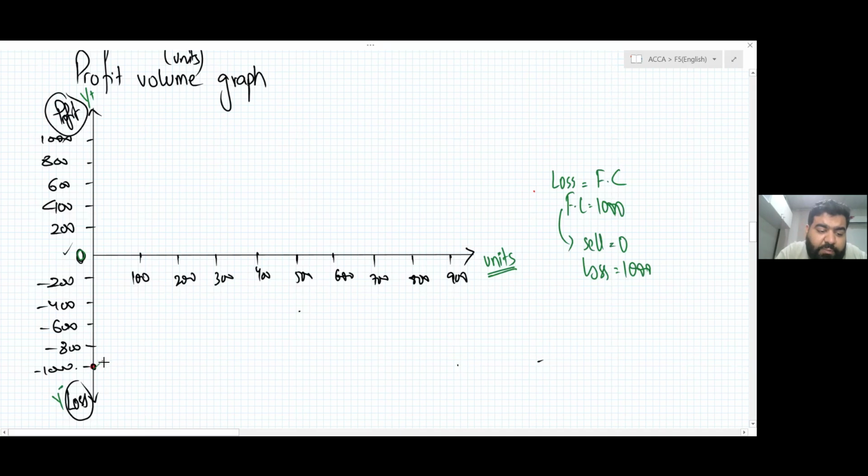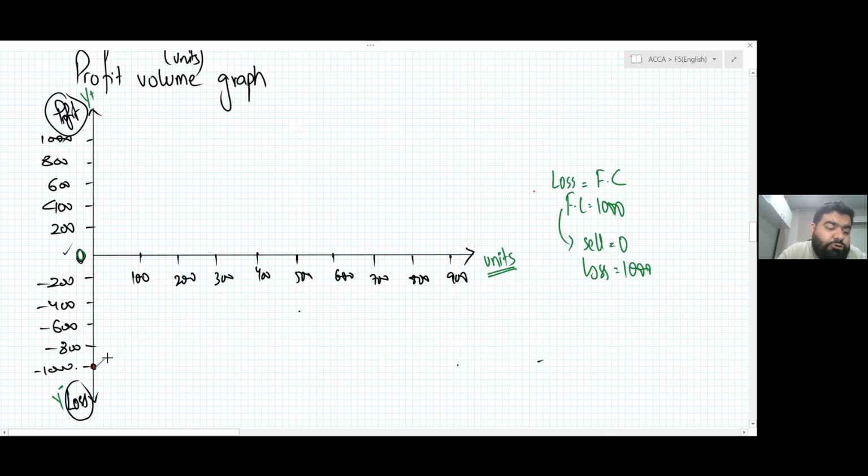But when the business sells some units, for example it sells 100 units, if you see the x-axis, when 100 units are sold, this loss will be recovered. At 200 the loss will be recovered more, then at 300 more, and with the passage of time this loss will be recovered. See the y negative axis, this loss is being recovered.